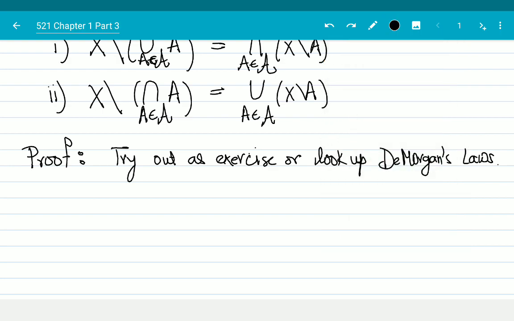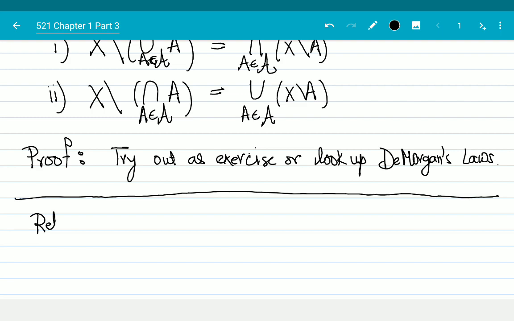Then let us look at functions, and let me just give some small idea of relations.